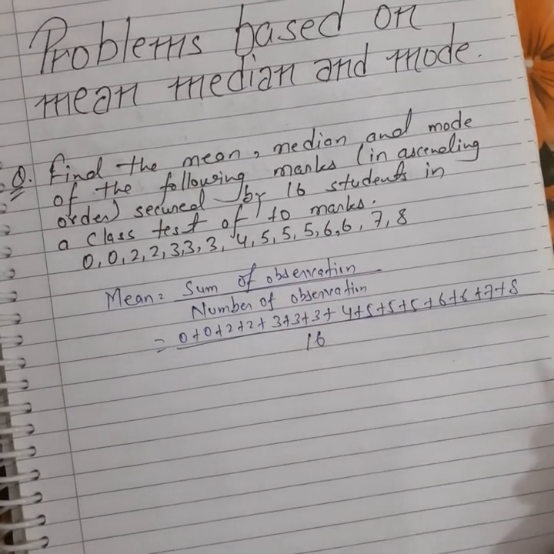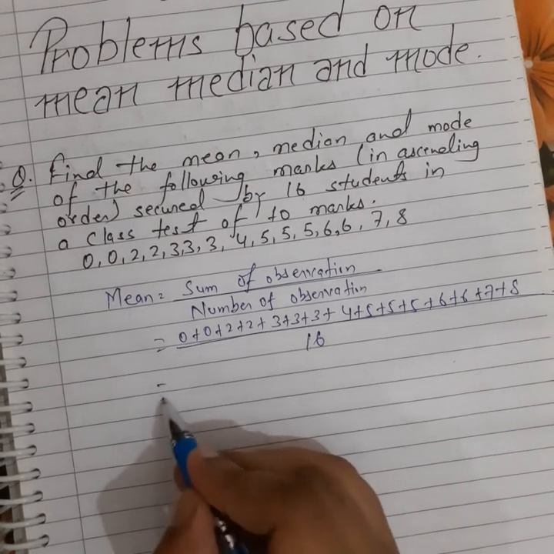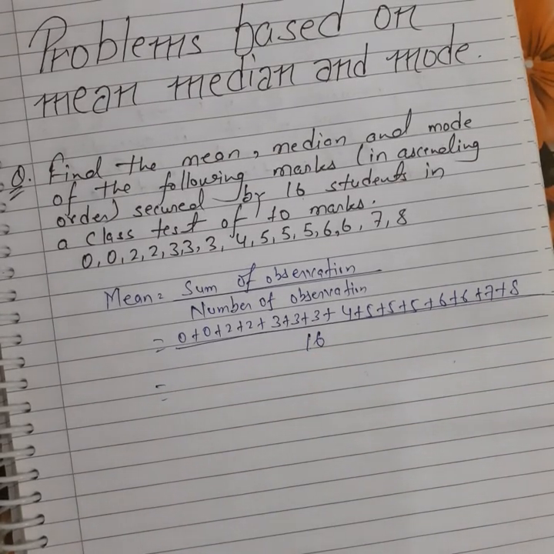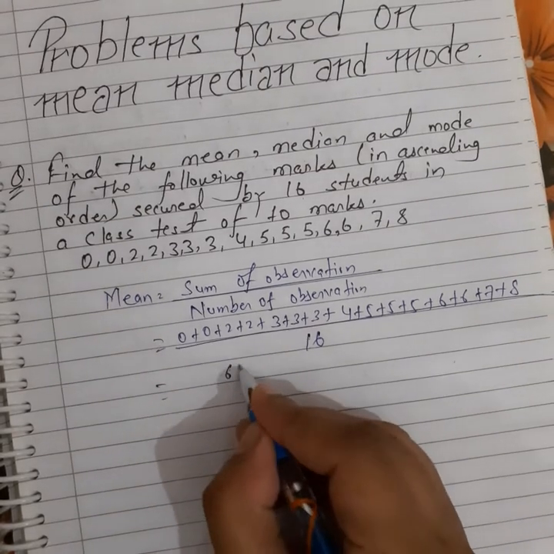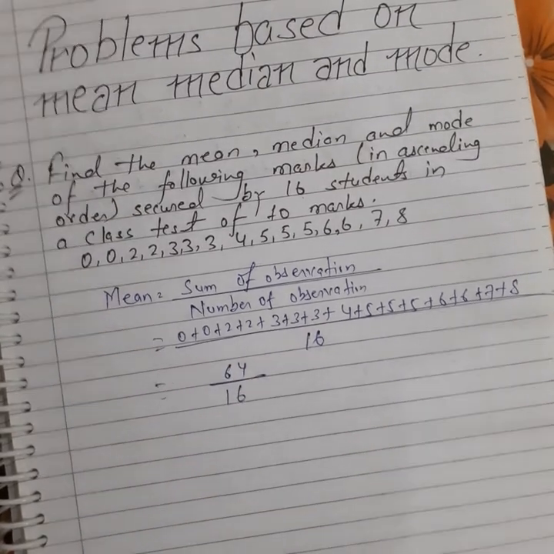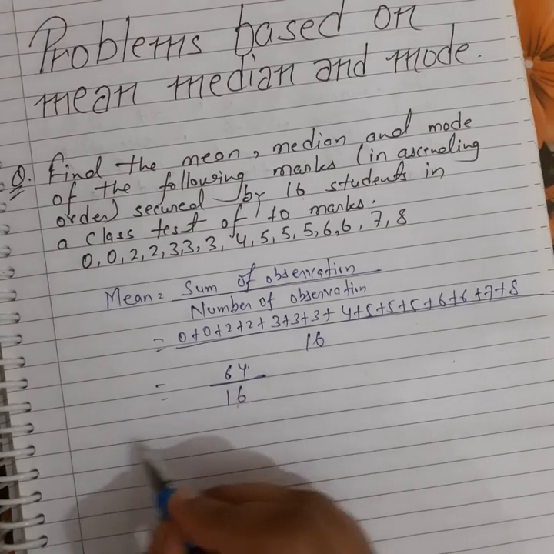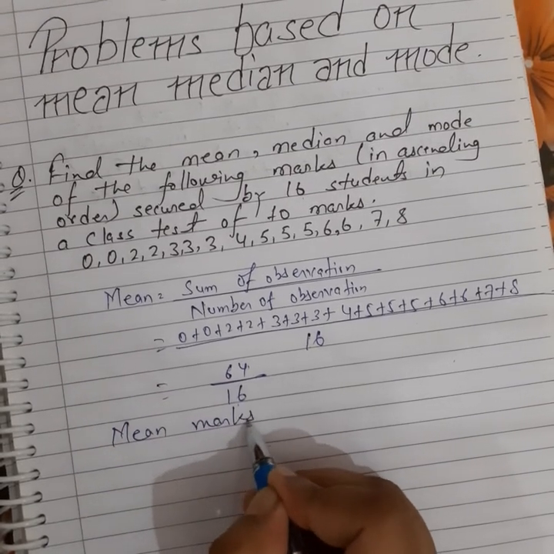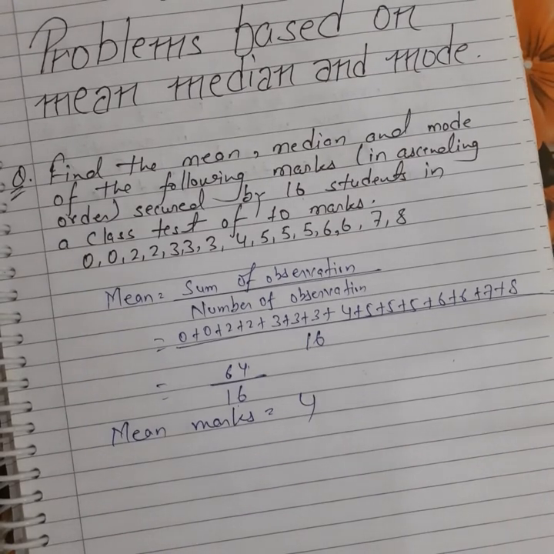So number of observations is equal to 16. By adding all the numbers we get 64. So it is 64 by 16. 16 fours are 64. So mean marks is equal to 4.